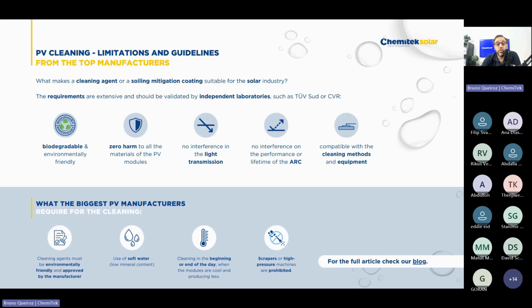So if you damage the coating by using a cleaning agent, you will be liable for the loss of the warranty. Also, it needs to be compatible with the most common cleaning methods and equipment. You need to be sure that the product can be used without disrupting the traditional cleaning methods for solar panels.